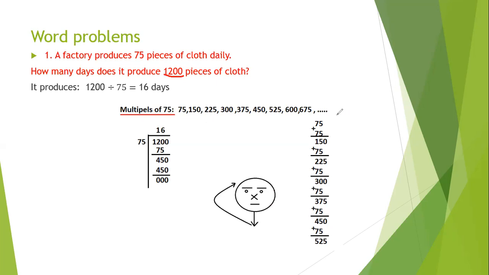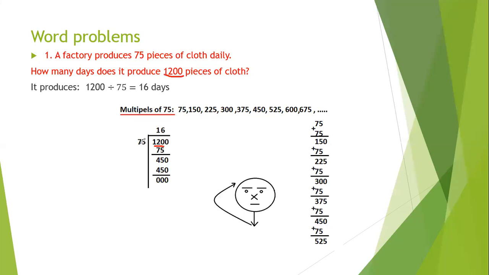Let's write the multiples of 75 first. Start with 75, then add. Plus 75, 150, plus 75, 225, and complete the multiples. Then divide. 1 divided by 75, I can't. Regroup. 12 divided by 75, it's also smaller than 75, so I have to regroup again. I'll take 120.